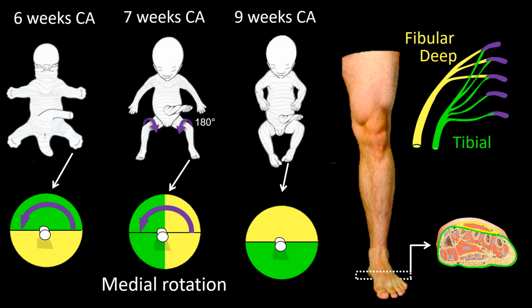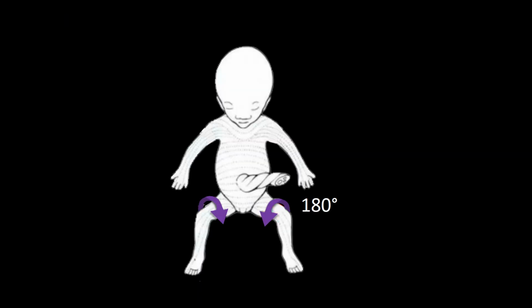In the foot, rotation takes place in a similar fashion, but because of the foot's position, plantar down and dorsal up, fibers from the dorsal division by way of the deep peroneal nerve end up innervating the extensor digitorum brevis. All other foot muscles in the plantar aspect of the foot, here in green, are innervated by fibers from the anterior division of the lumbosacral plexus. The dramatic medial rotation of the lower limbs during the 6th to the 9th weeks causes the myotome to spiral.